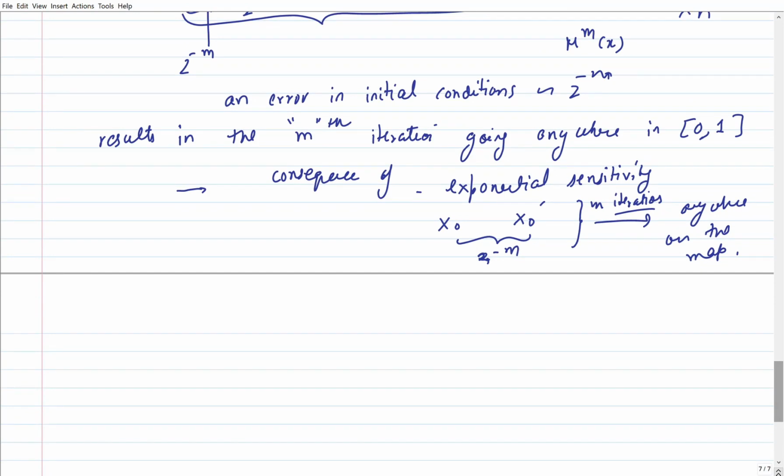So this is actually, in some sense, you can say also the source of unpredictability, that your small errors amplify.